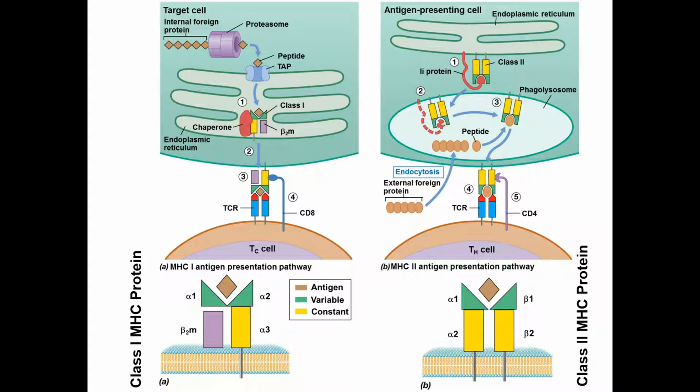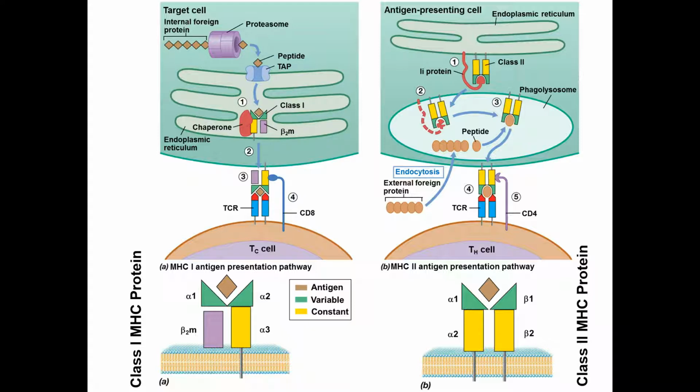Alright, so this gives you a big picture overview of antigen processing and presentation by MHC class 1 and 2. Antigen presenting cells present antigens using MHC class 1 or MHC class 2 surface receptors.